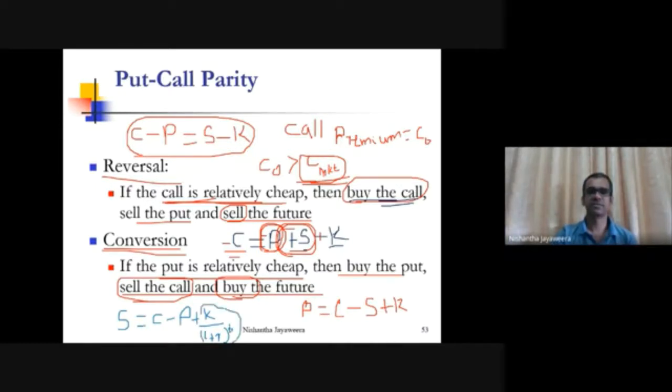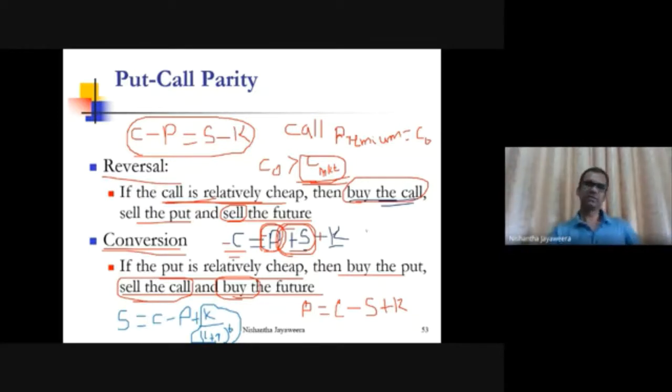Here C minus P should give you a positive cash flow. You invest that cash flow in this bond for the same period. On the maturity date, you get those proceeds and use them to settle this transaction. So that's how it works.